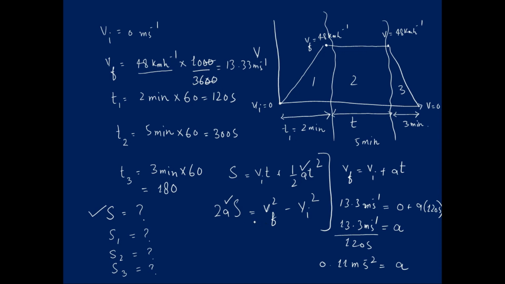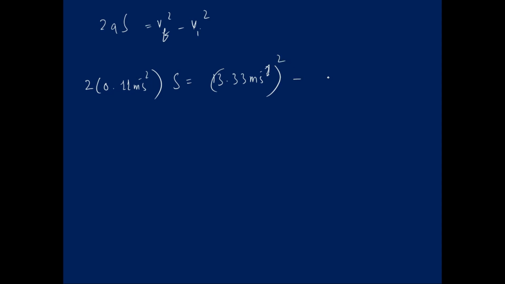So select any of the equations and you can calculate the distance. I will select the third equation of motion: 2as is equal to vf square minus vi square. 2 into 0.11 meters per second square, s is equal to 13.33 meters per second whole square minus 0 meters per second square.